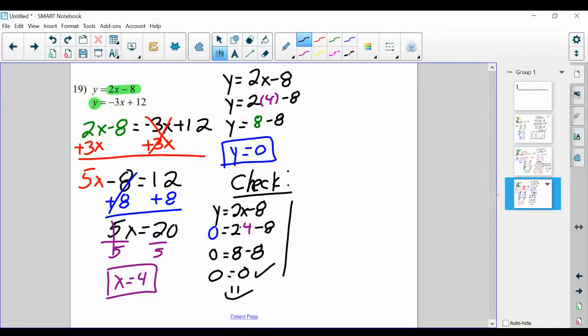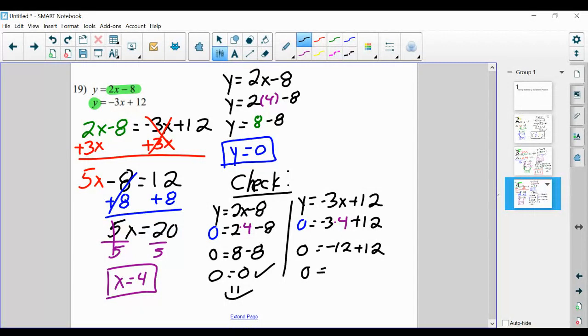Now let's go over and verify it works for that second equation. Y is equal to negative 3x plus 12. Our y value is 0. That's equal to negative 3 times our x value, which is 4, plus 12. As we simplify, negative 3 times 4 is negative 12.